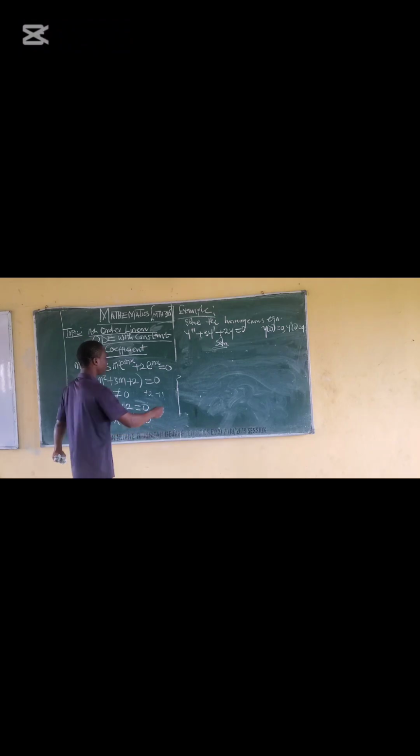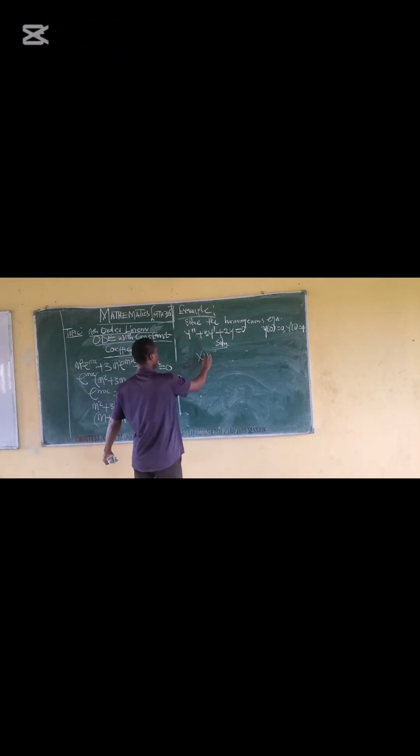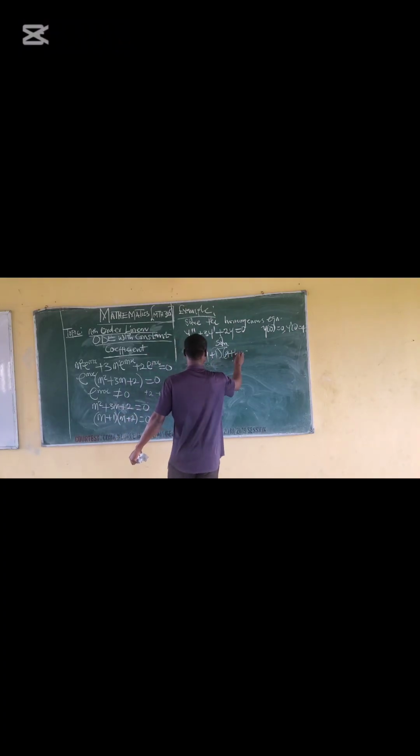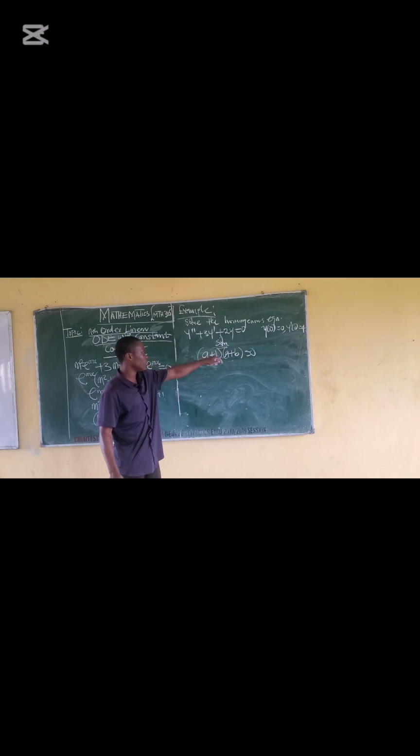Don't forget, in this kind of expression, if you have xy equal to 0, let me use the case of AB: a plus 1 and then a plus b equal to 0. It automatically means that this 0 is being distributed to the two expressions here.